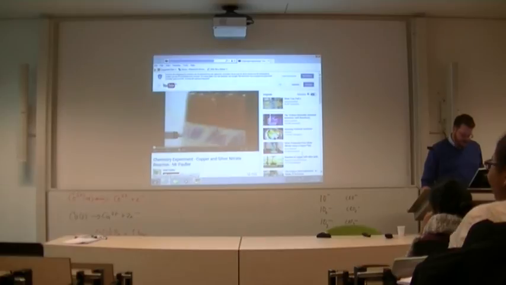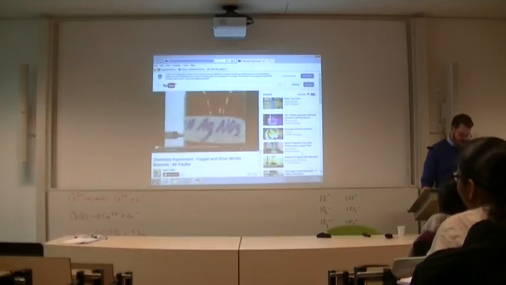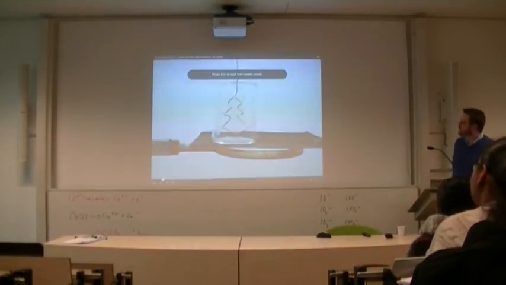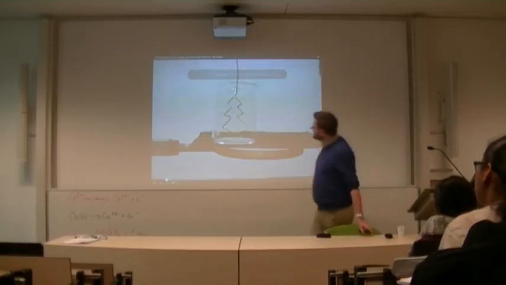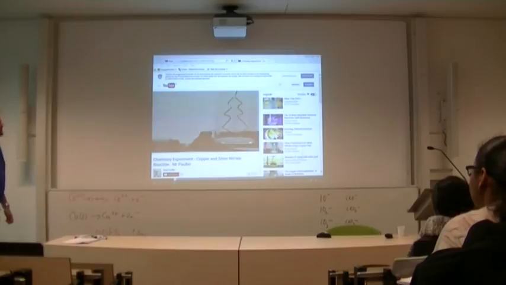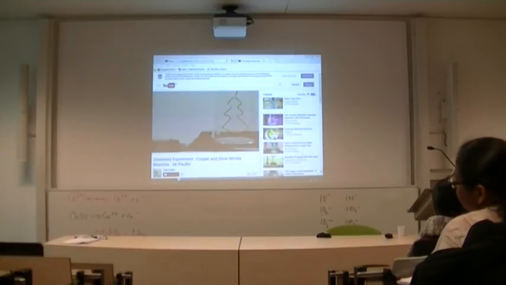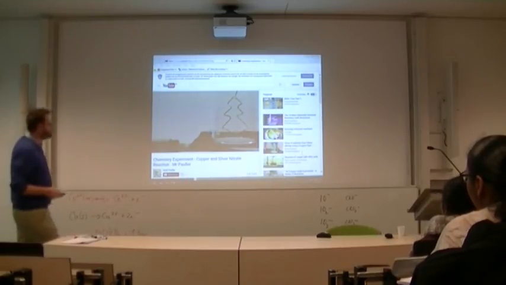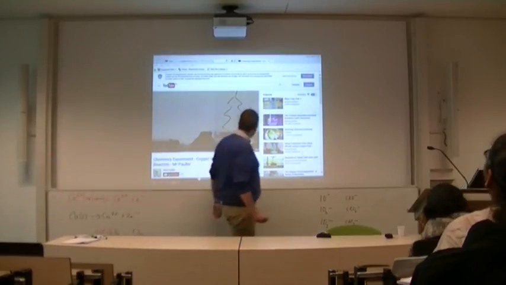Okay, here we go. Now watch what happens. There is a nice piece of copper metal, and we're now going to add silver nitrate to the solution. Well, at least I hope so.